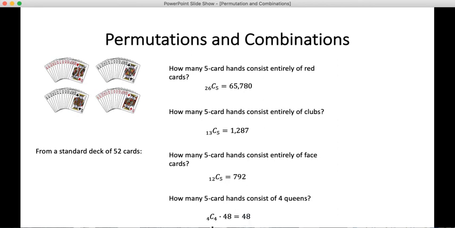So that's going to be the combination of 4 taken 4 at a time, which is actually 1. There's only one way to get all the queens, times 48, because there are 48 other cards that can be that other card, right? You have the 4 queens, and 52 minus 4 is 48. And so there are 48 cards, so we have 48 choices.